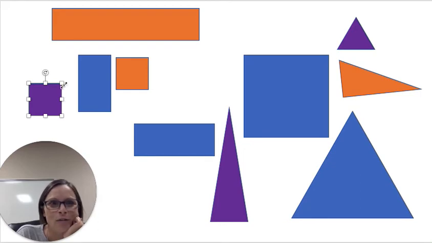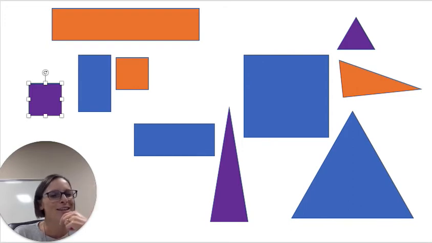It has 4 corners or vertices, and all the sides are the same size. How many squares do you see? 3 again? Oh my goodness, I agree.